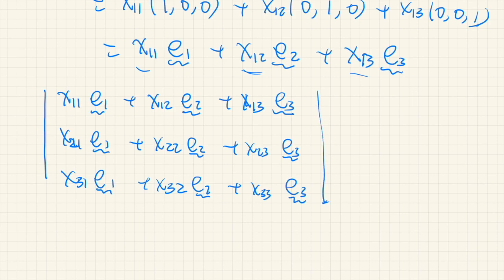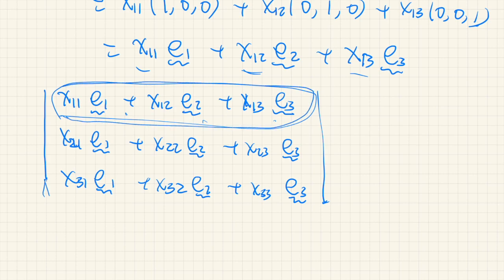Now let's apply all the rules we have learned so far. First, let's focus on the first row. This is a sum of three vectors, and as we have learned, the determinant considered as a function of the first row vector is a linear function.